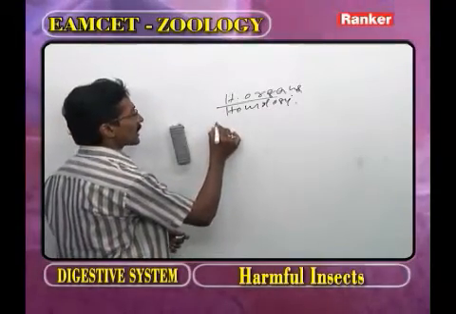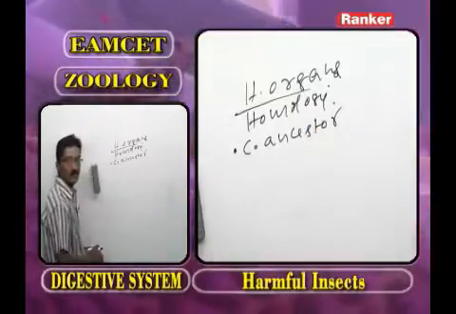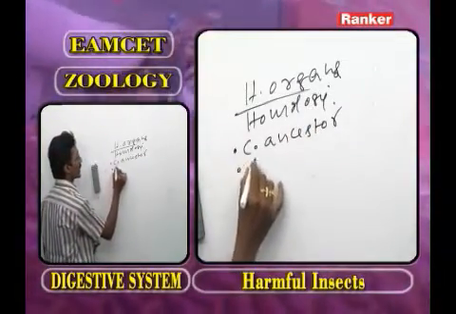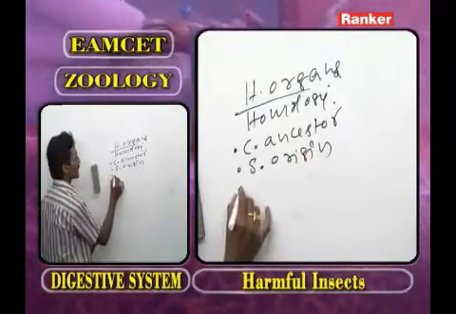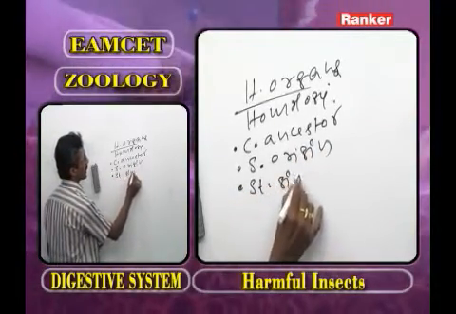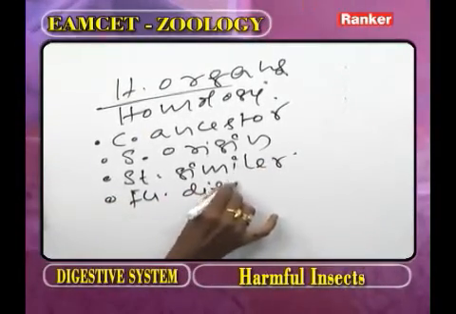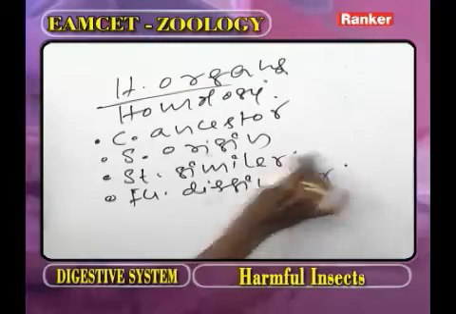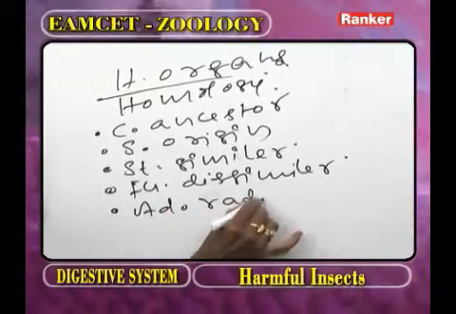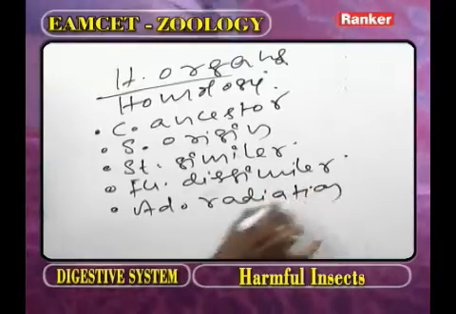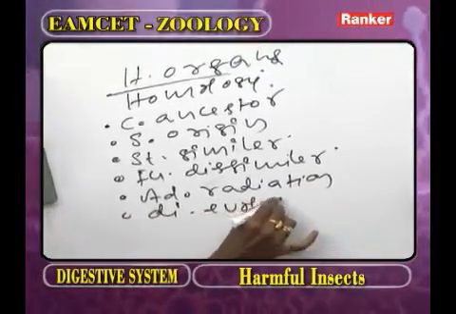All homologous organs are derived from a common ancestor and have similar origin. Homologous organs are structurally similar but functionally dissimilar. Homologous organs explain adaptive radiation. Homologous organs explain divergent evolution.